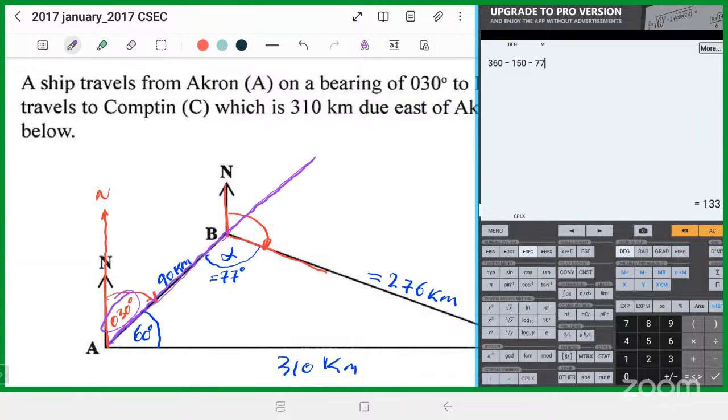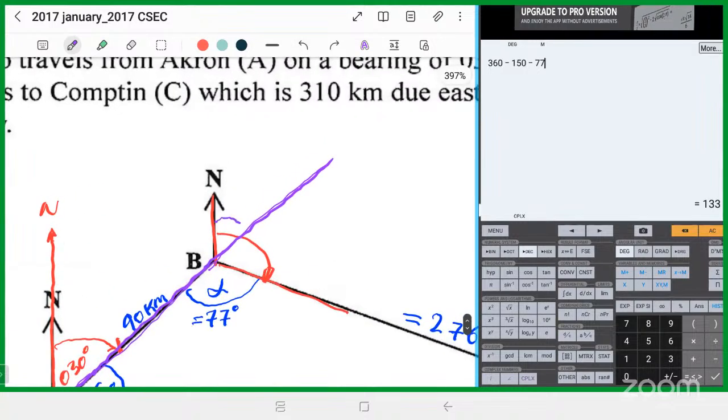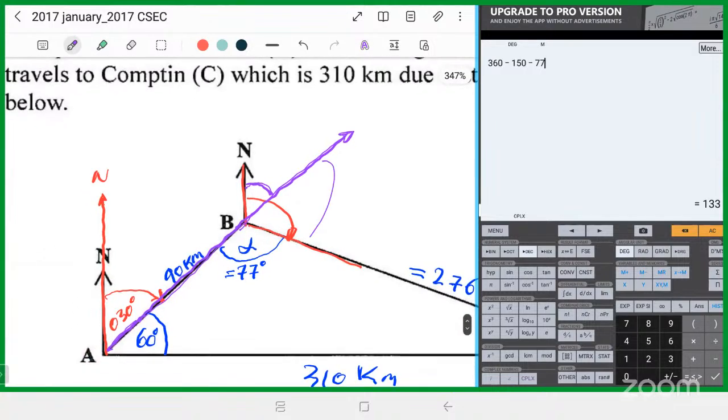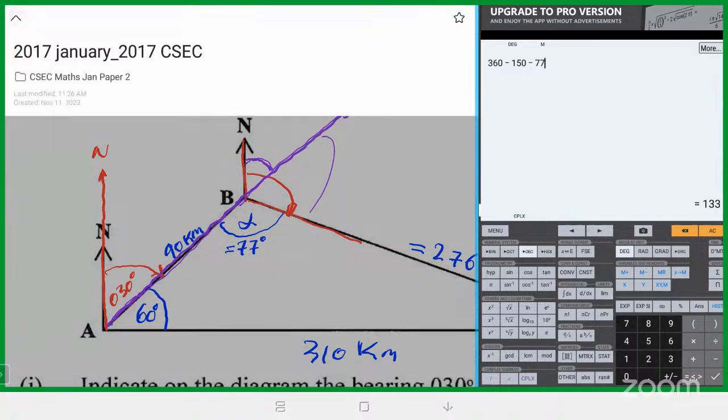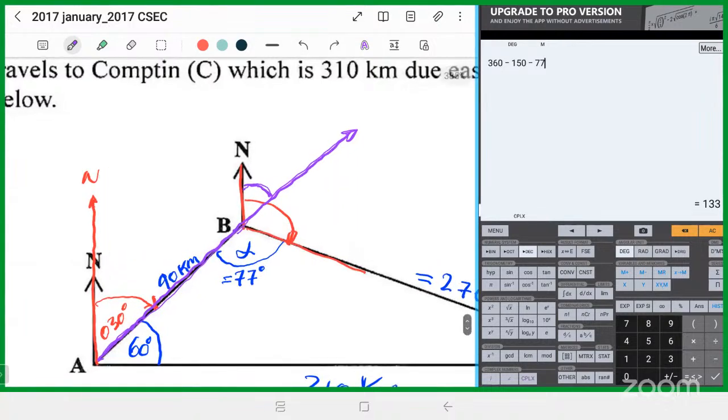The direction given as a bearing is 30 degrees. So this angle right here is the same angle down here, 30 degrees, because that direction is still on a bearing of 30 degrees.